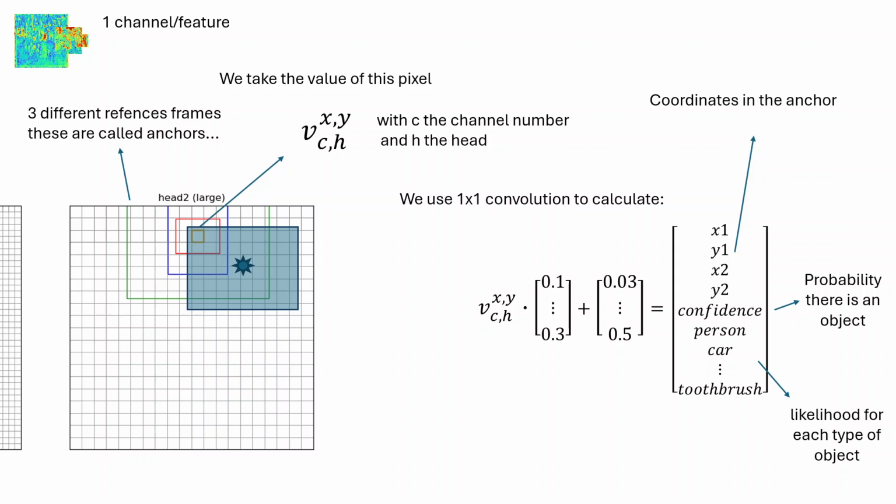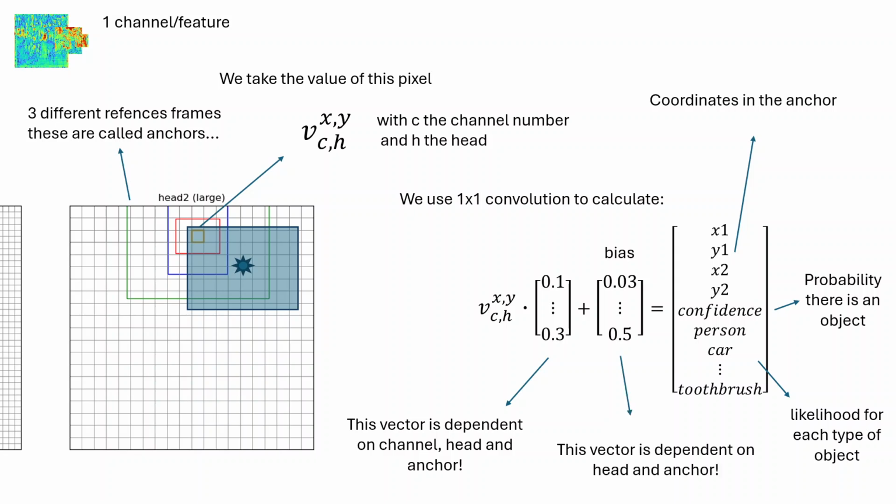And how do we calculate that? Basically with 2 vectors. The first vector is dependent on the channel, the head, and the anchor. And we multiply that times the value of the pixel and add the bias factor. The bias factor is just the offset, and it is dependent on the head and on the anchor. It's not dependent on the channel anymore. Okay.